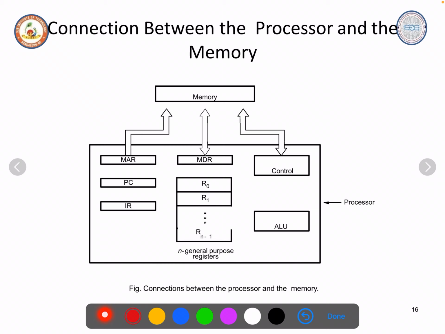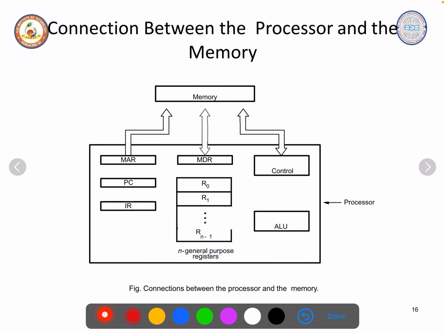Coming to the next one, this is a diagram illustrating the connections between the processor and the memory. You can observe the memory and the processor which are connected. It also shows a few essential operational details of the processor.